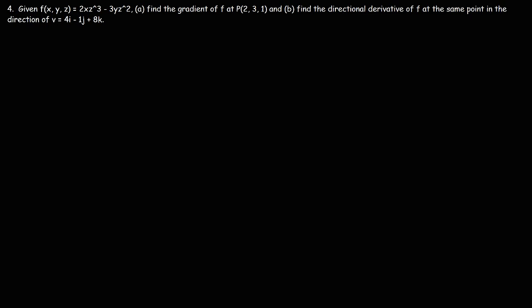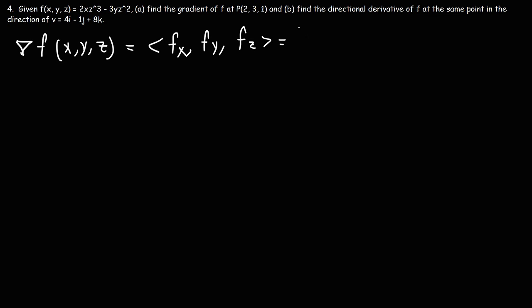Number 4. Given the function f, find the gradient of f at the point (2, 3, 1). So to find the gradient vector of a 3-variable function, it's going to look like this. We can write it this way: f sub x, comma, f sub y, comma, f sub z.